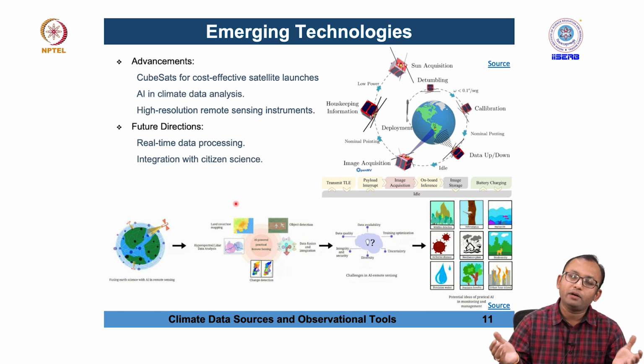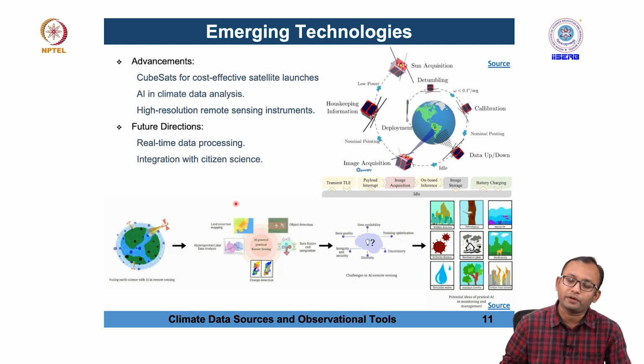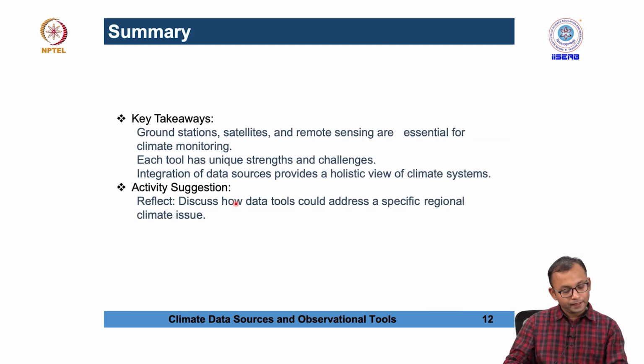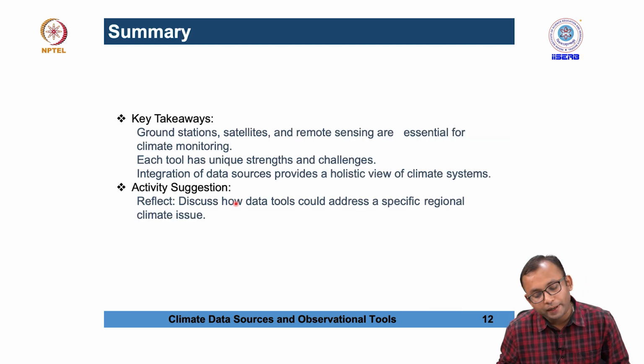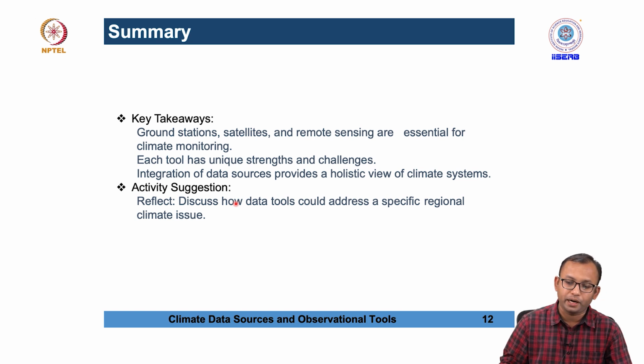So, they are integrating all these data sets to get a more robust understanding about how the climate is changing and how it is interacting with a certain region, and therefore we are observing increasing activity of climate extremes in certain regions. So, this is all about climate data sources and observational tools, which are helpful to understand the pattern of extreme events and climate extremes in different parts of the world.